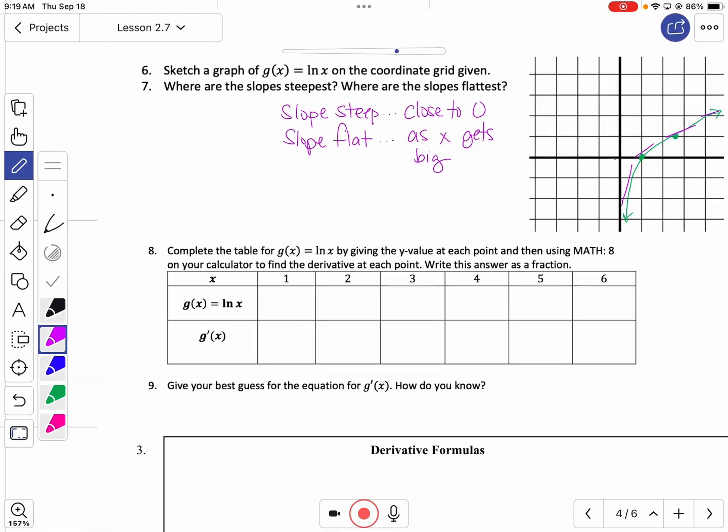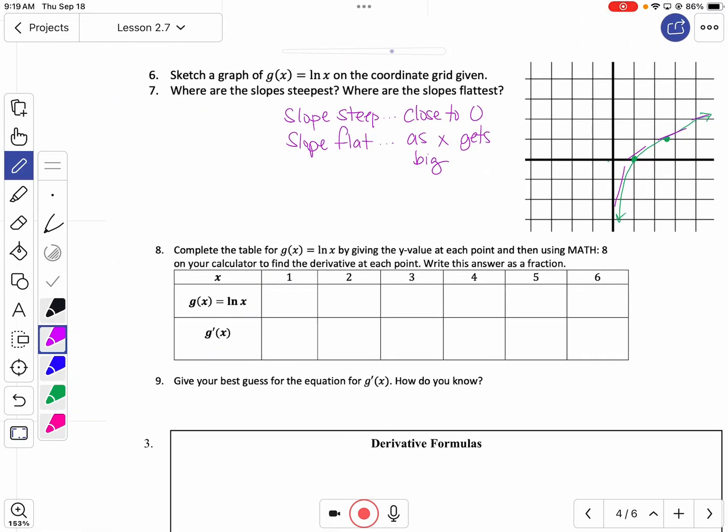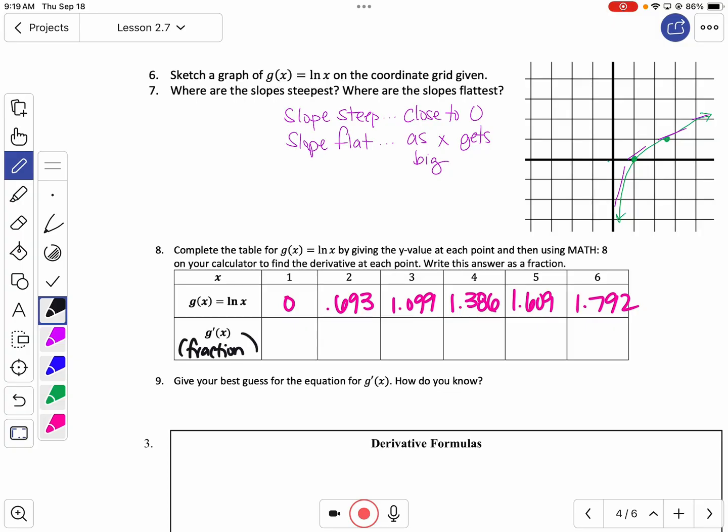Then it asked me to evaluate some things. We're going to get a bunch of decimal values here. If I do just ln of x, I'd get 0.693, 1.099, 1.792. We're just plugging those in on our calculator. But then it asked me to do g prime of x. I'm going to represent them in fraction form because I think it will help you see it better.